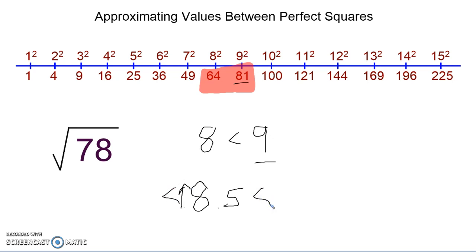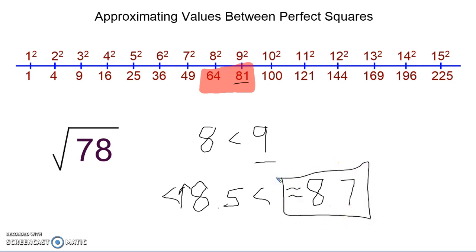It's going to be about 8.7 because it's close to 9 and above 8.5.